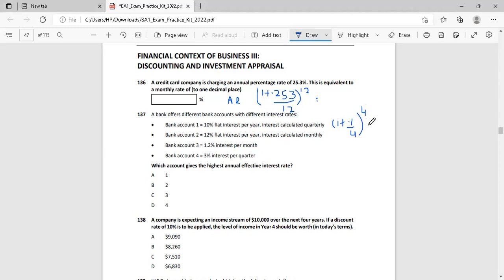After that, we have to deduct 1 to get the rate. That gives 1.025 whole to the power of 4. We'll do one thing: we'll take this into Excel. Excel calculations are also very easy.